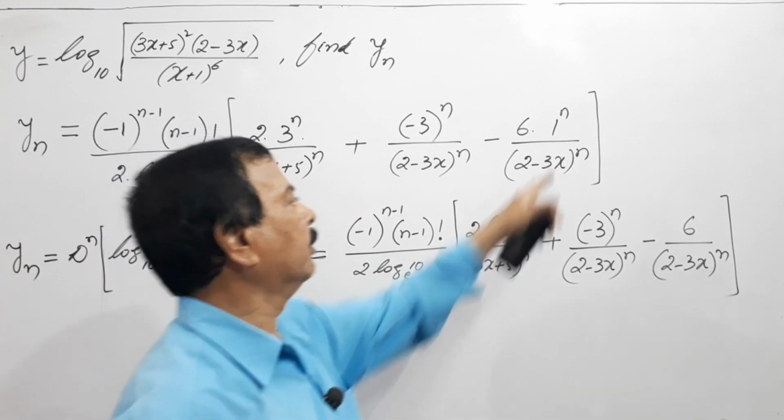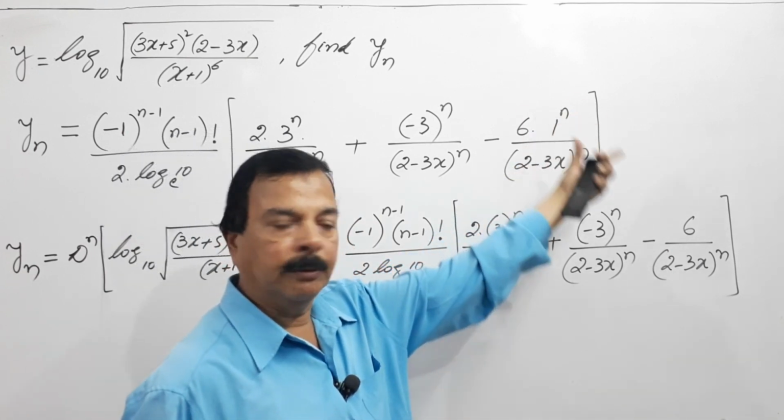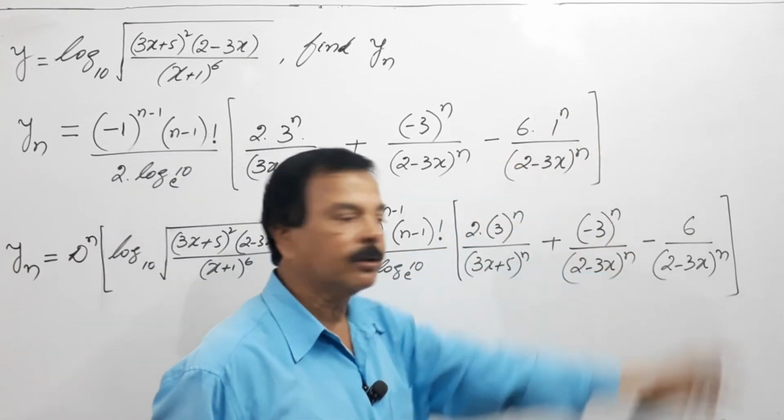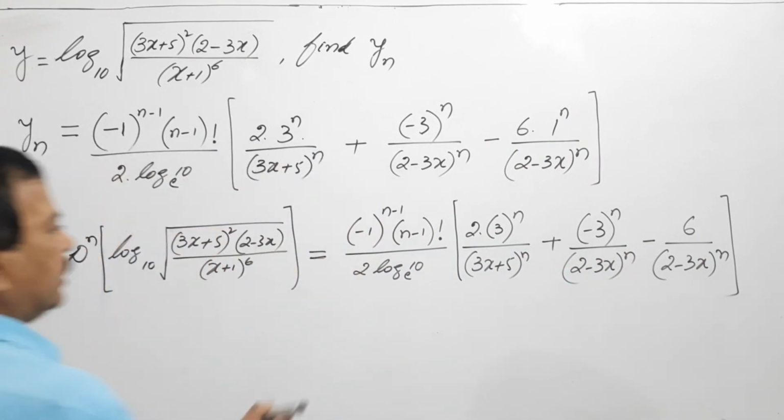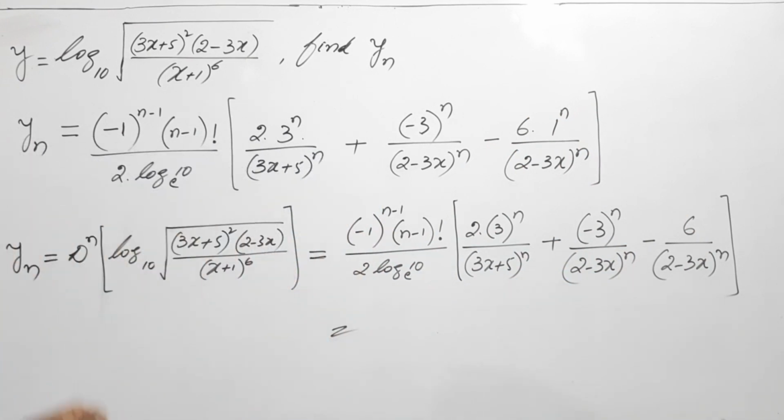So, I have ignored this 1 to the power of n because 1 to the power of n is nothing but 1. 1 into 6 is 6 itself. So, this is the nth derivative of the given function.